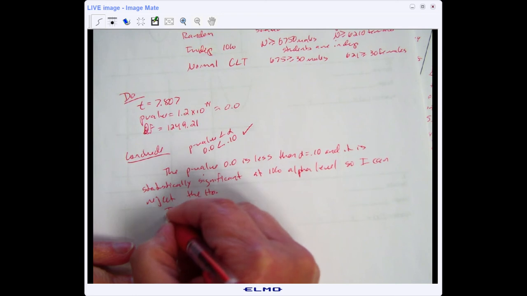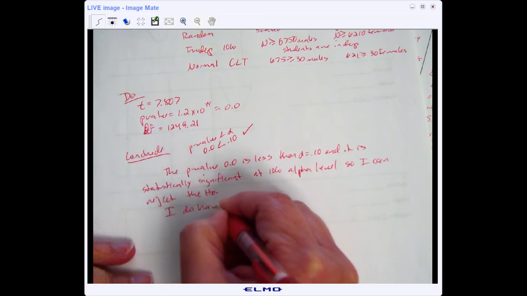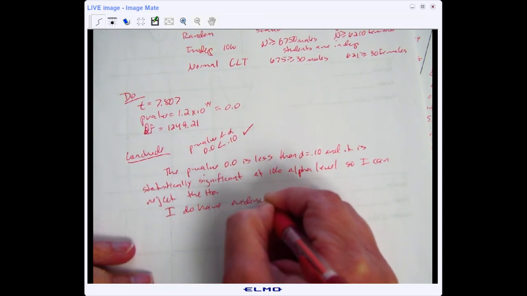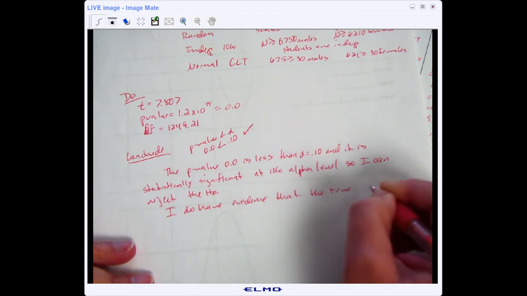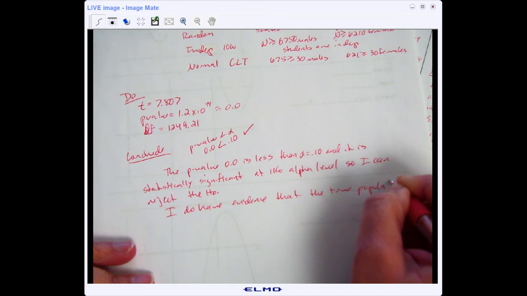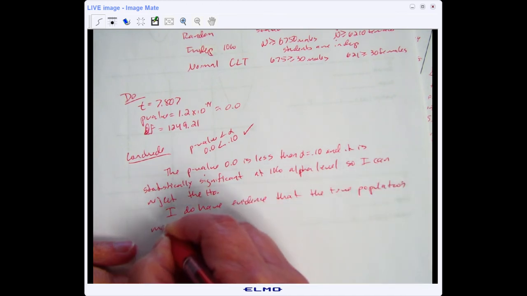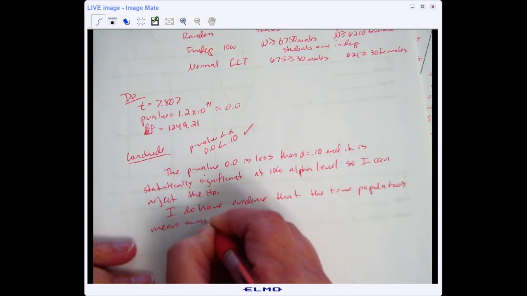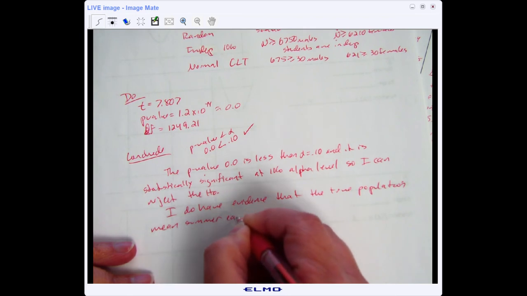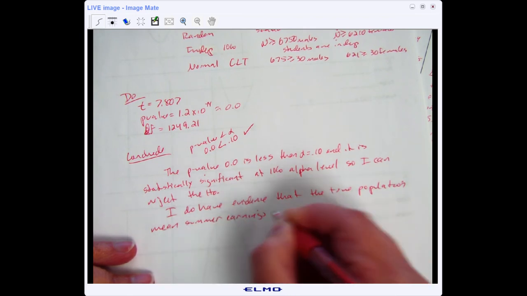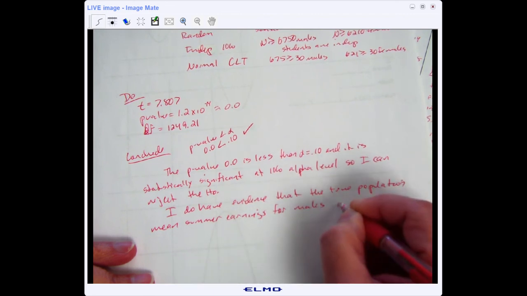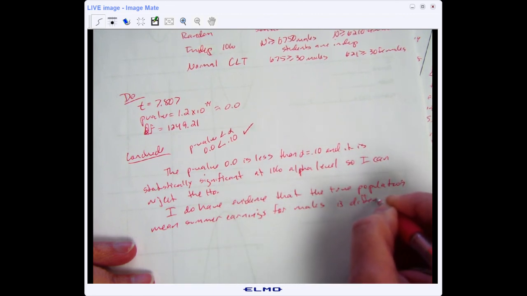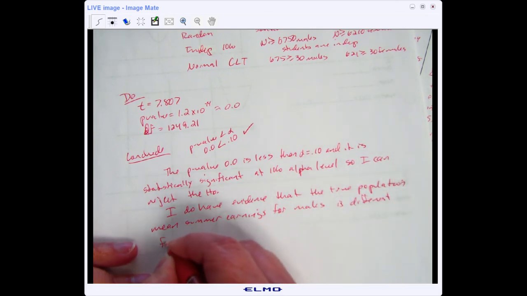Okay, I do have evidence that the true population mean summer earnings for males is different, or not equal to, that for females.